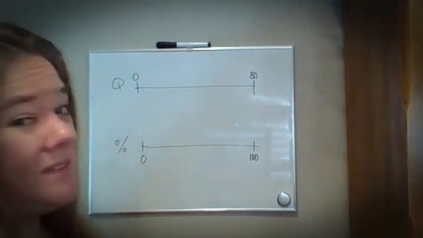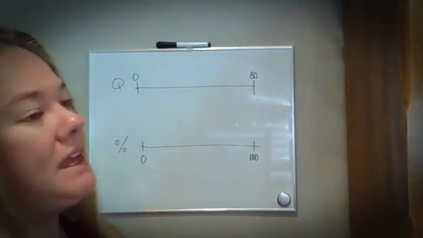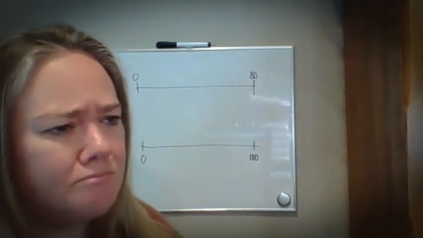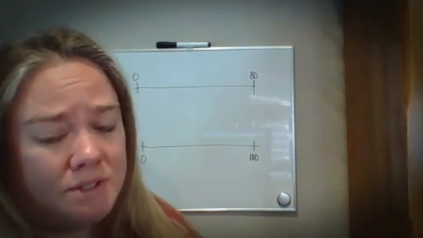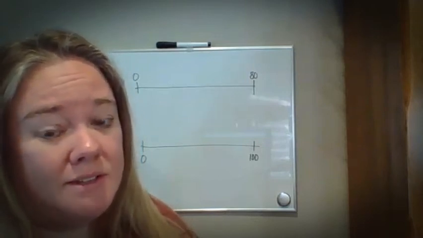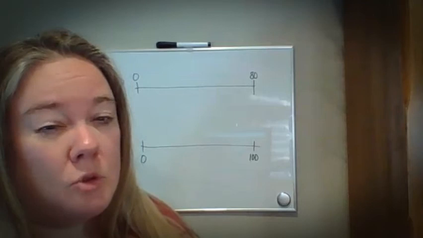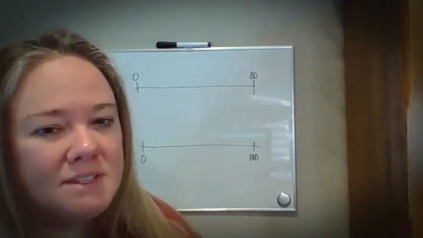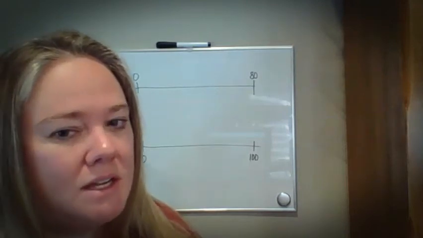So I know that I've got to get to 24. And when I'm thinking of 24, I also have to think of the percentage. So one way to do this is to find groupings of percentages. So 50%, 25%, those are things you can do in your head.